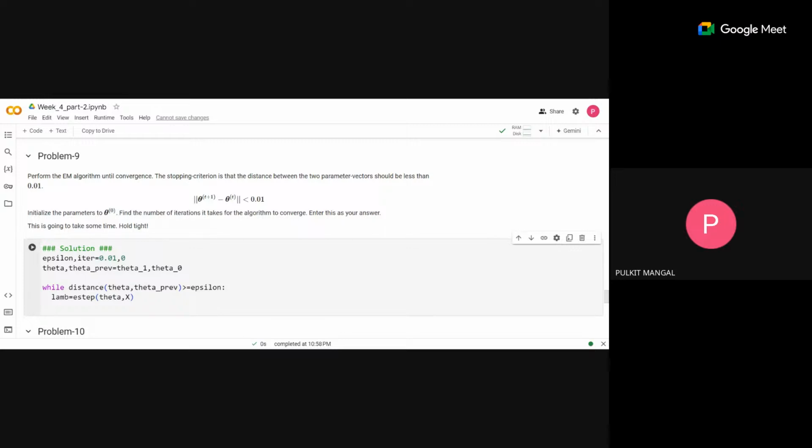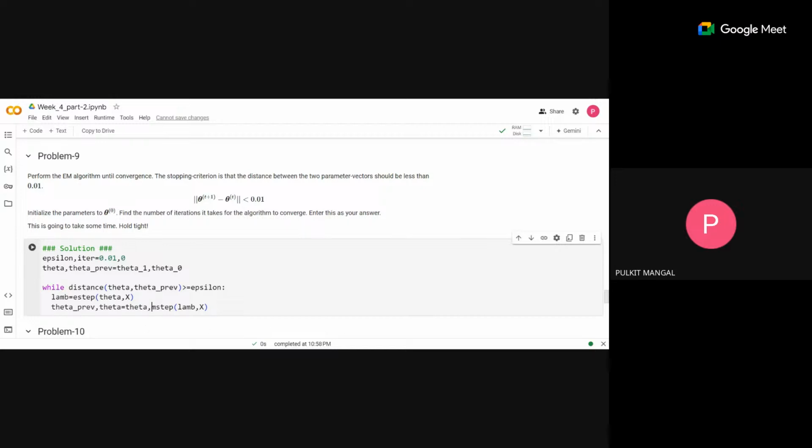And in the M step, what you will get is the updated theta. So that is your new theta. Just look at how I am going to write it: theta and theta prev.